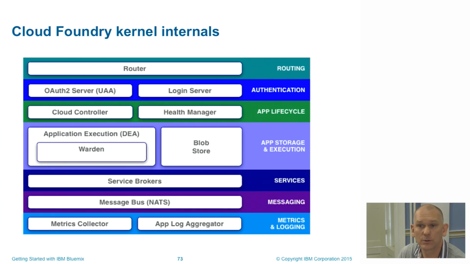Every time you want to talk to a service or bind a service to your application, we have this service broker layer. And we'll talk about that in a coming slide. All of the various components talk to each other using this messaging bus. That's how we can scale this from a single machine right across a very large deployment. And then lastly, we have the metrics and the logging.